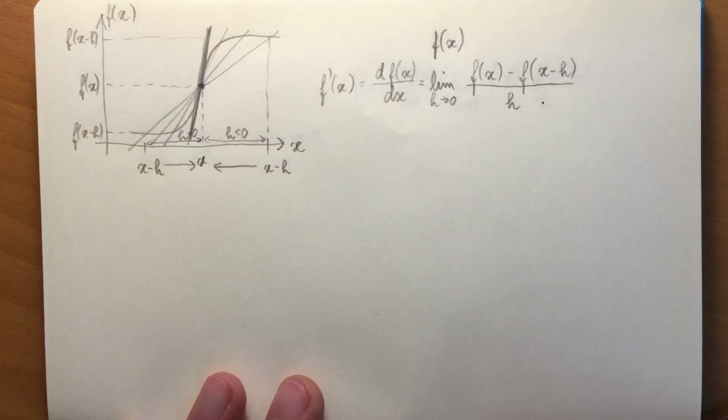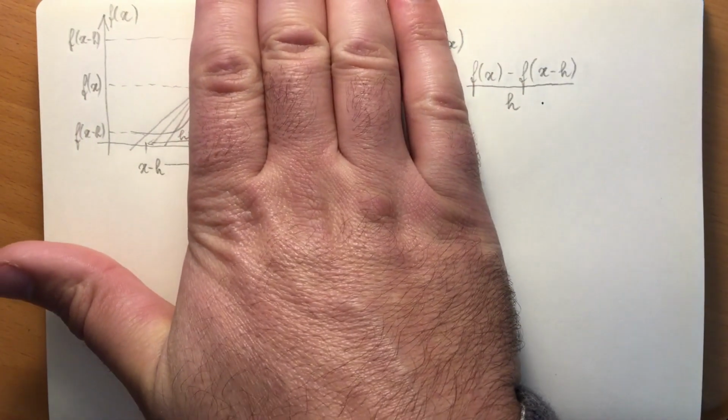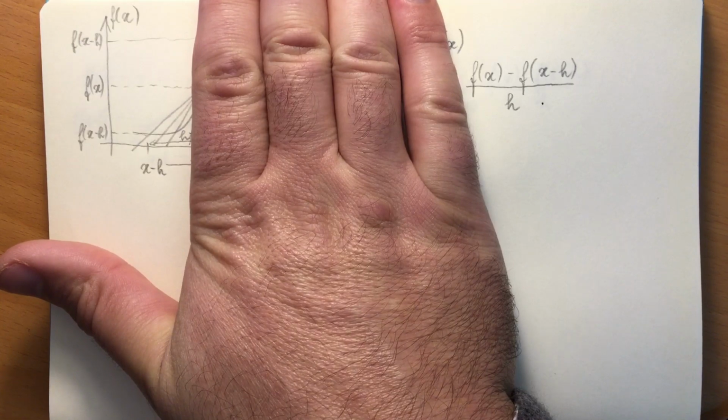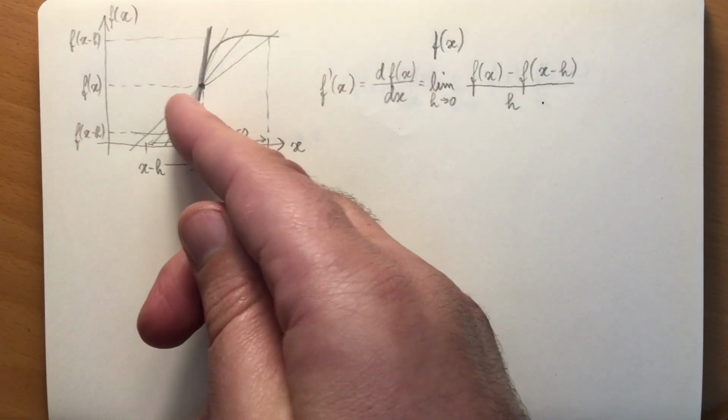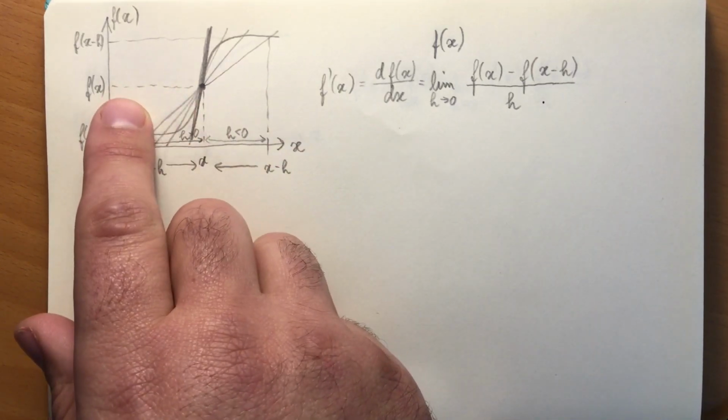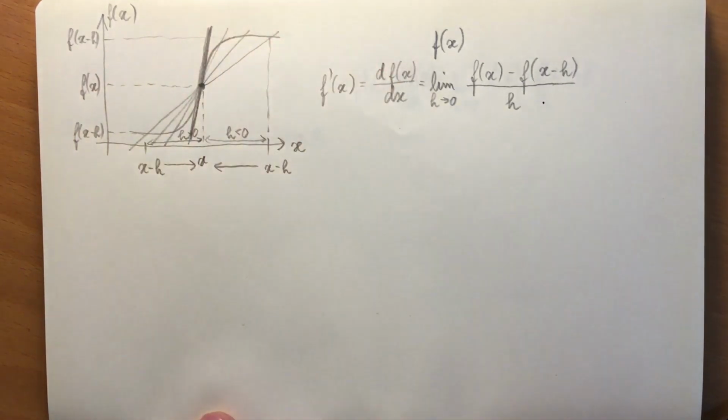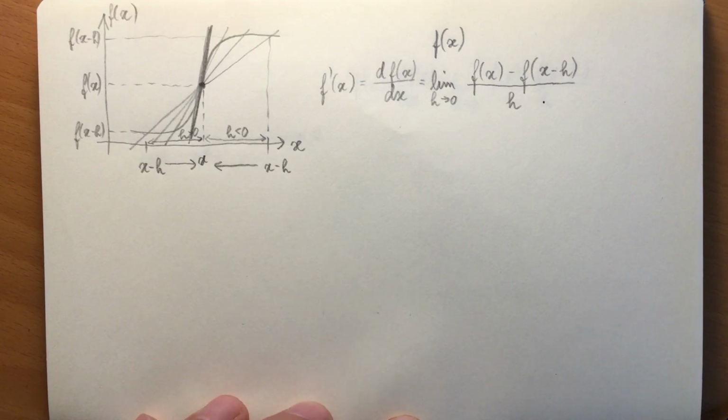Or else, of course, if the function is not defined for one of the sides, in which case the derivative will be the derivative on the other side, the only side that does exist.